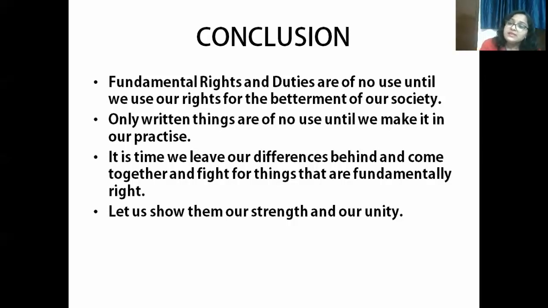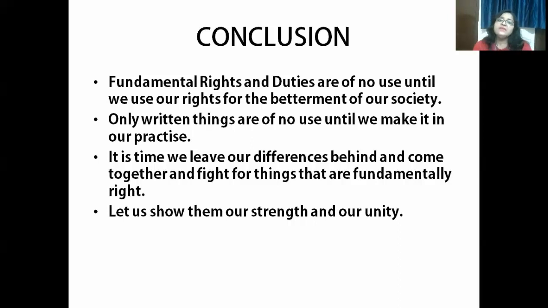The written things in the Constitution are of no use if we are not going to implement them. So we should put them into practice. All the written things should be implemented and followed by all.